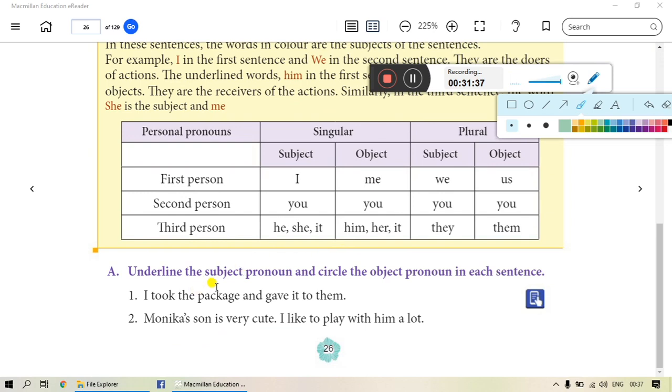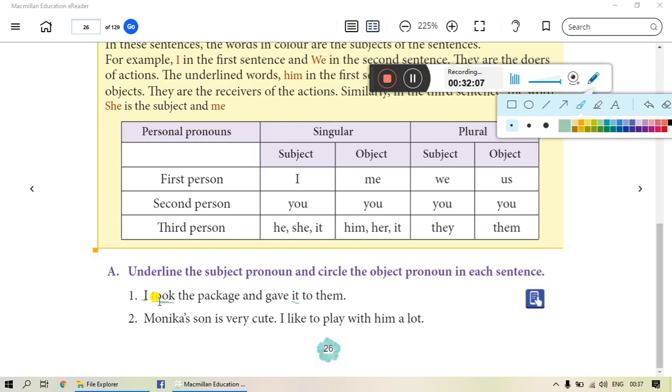Okay. Underline the subject pronoun and circle the object pronoun in each sentence. I took the package and gave it to them. You already know that I is subject pronoun and it is an object pronoun.